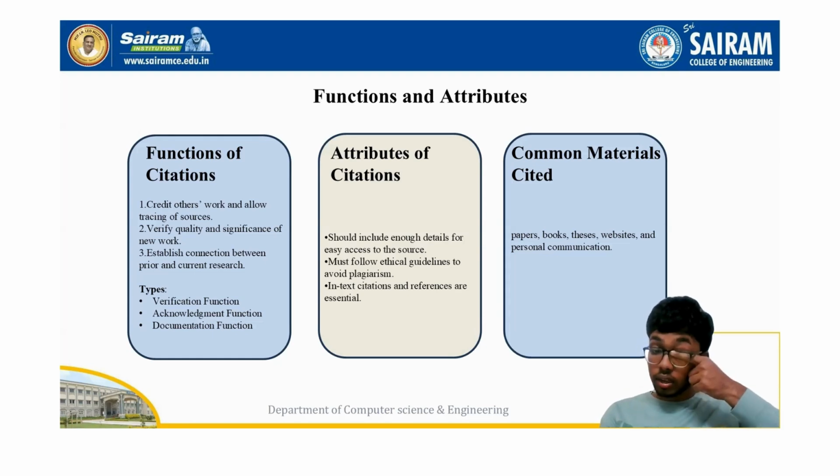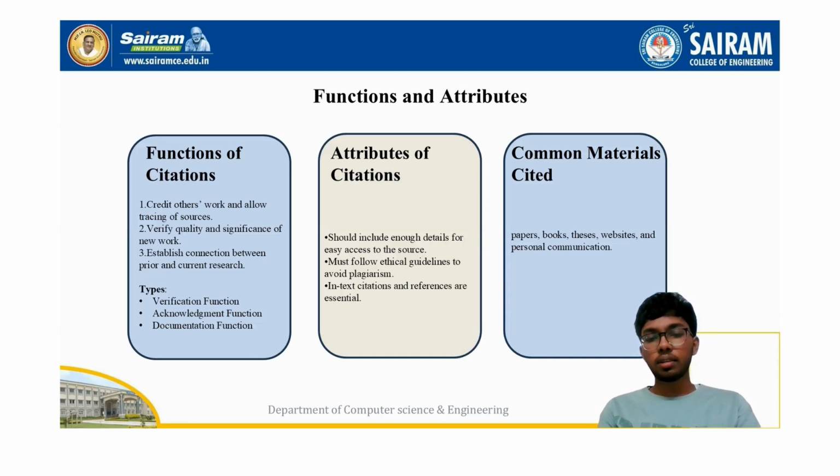For instance, if our paper cites an article about air pollution in urban areas, the reader can trace the original source and verify our claim. This ensures that the information we present has a solid foundation.